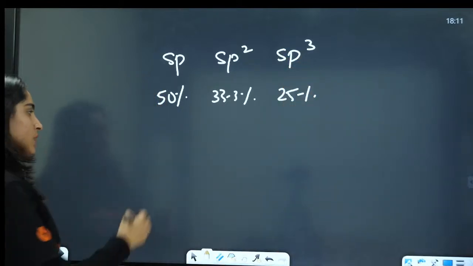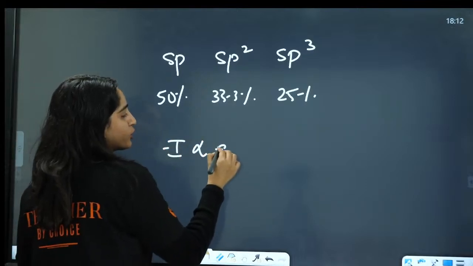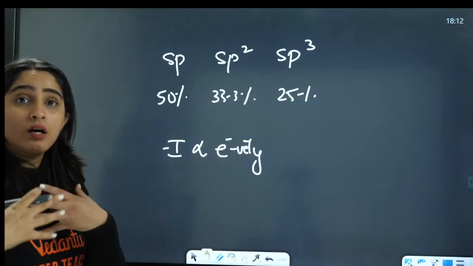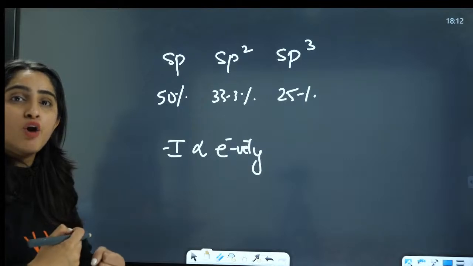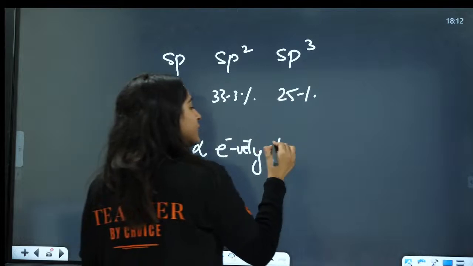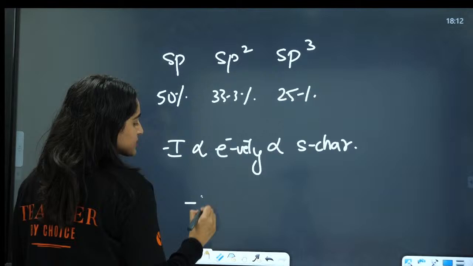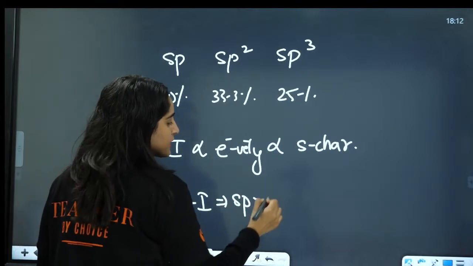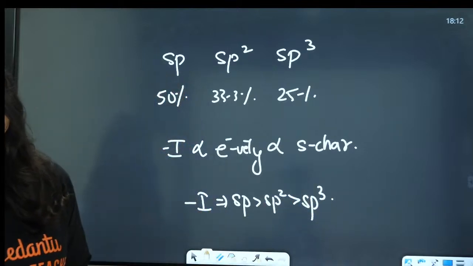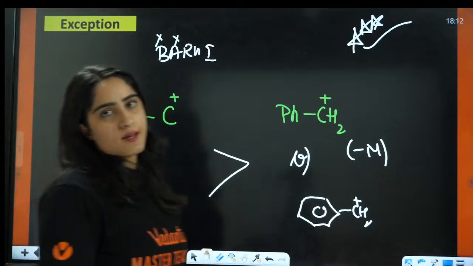The minus I effect is directly proportional to electronegativity, the tendency to pull the shared pair of electrons toward itself. More is the minus I effect, and this depends upon the S character. That is why the order of minus I effect is SP, then SP2, then SP3. Right? Okay? Perfect.